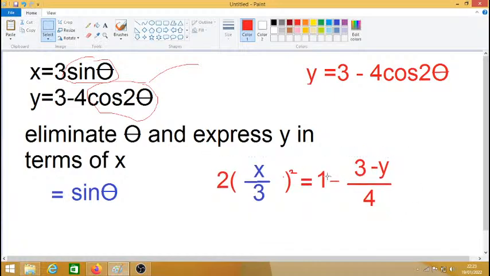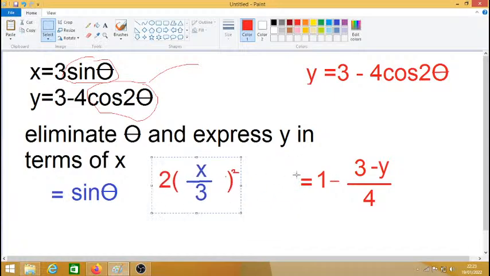So first thing, here's the y, but it's in the middle of a fraction and it's also got a minus before it. So let's change that minus. Let's bring that whole fraction across to the other side, and that will become a plus.